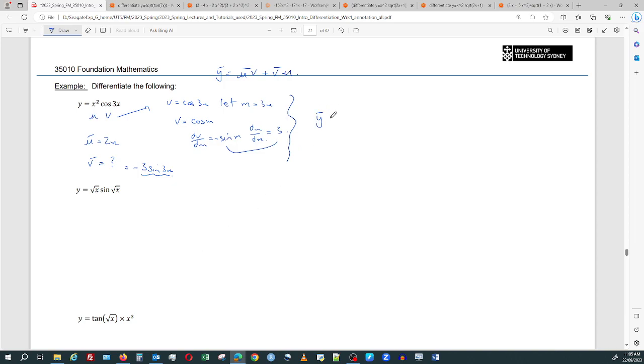So y dash is u dash times v plus v dash, or now minus 3 sine 3x, u, and u was x squared. So I'm going to just insert the x squared in here. So we'll have 3x squared, and it was sine, wasn't it?